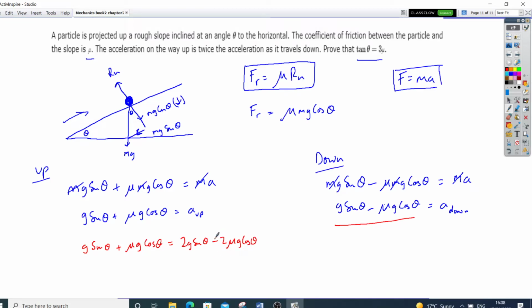I'm going to take all my sines to one side, and take the mu terms to the other side.